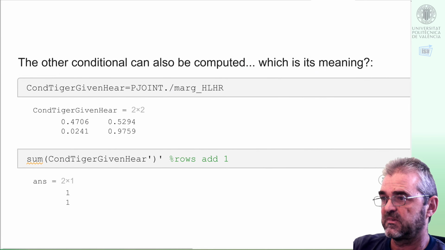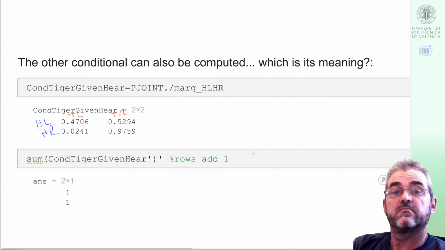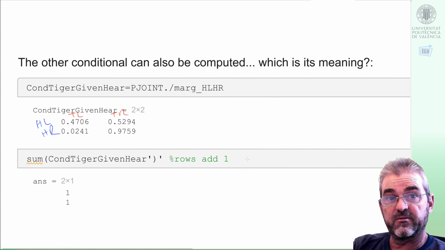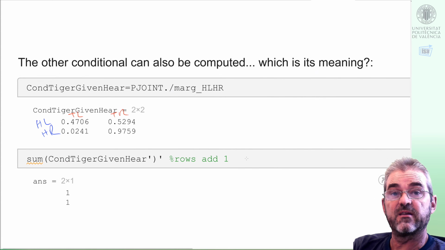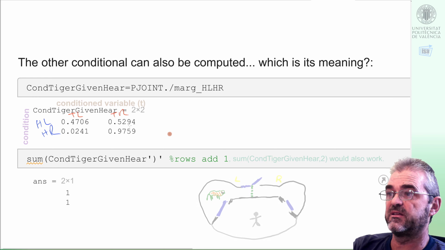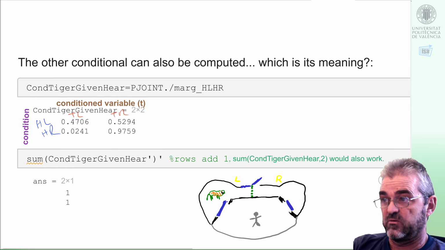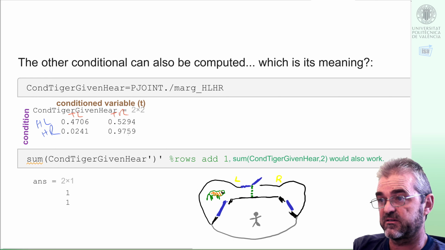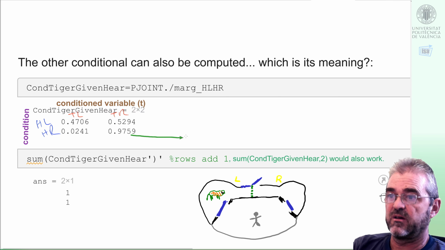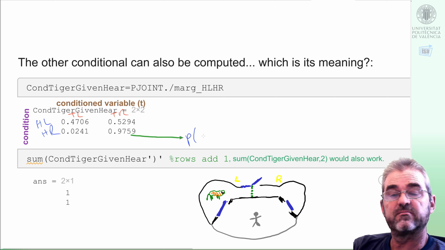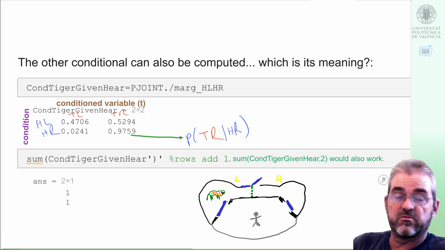So, let me label it again. If I divide the joint rows, each of the elements, by the sum of the row, the marginal, I get this conditional. Then, interpreting what this table means, for instance, this 0.97 will be the probability of tiger right conditioned to hear right, because I am summing by rows.